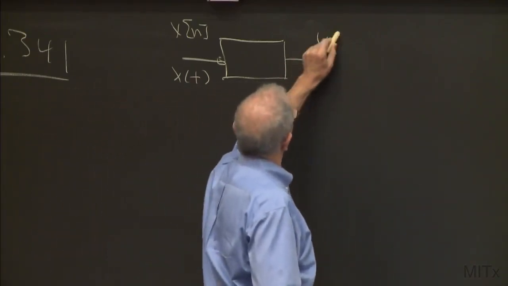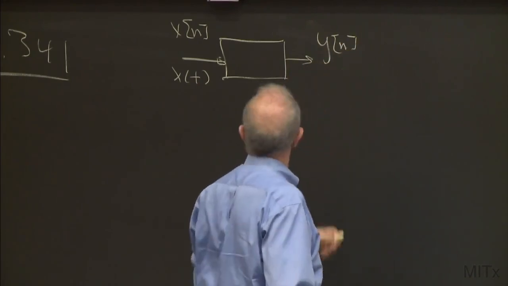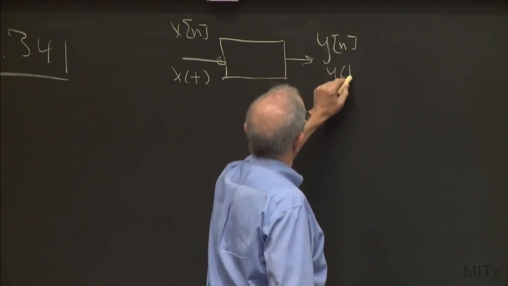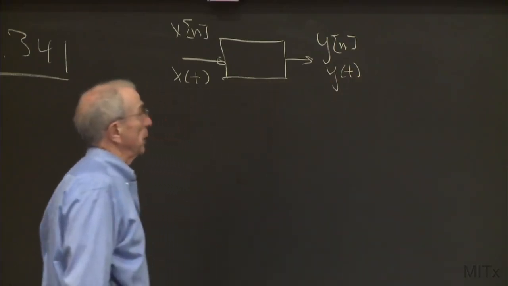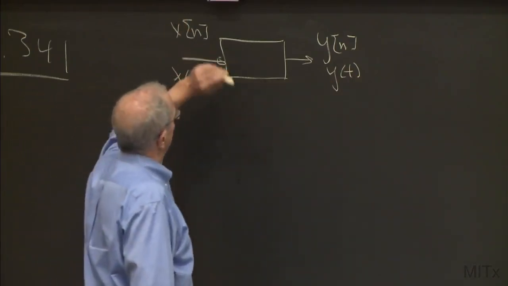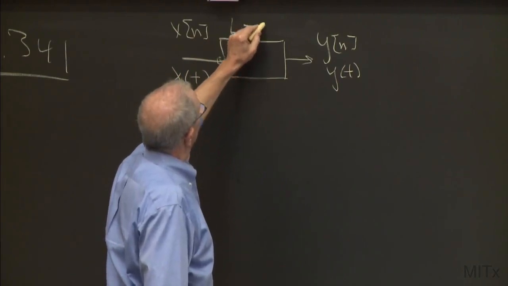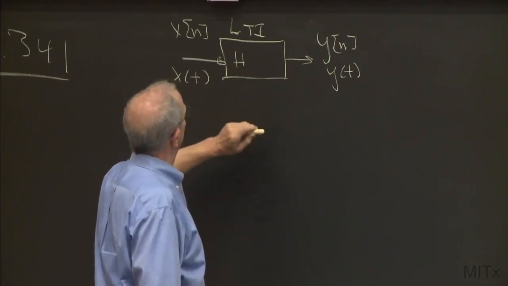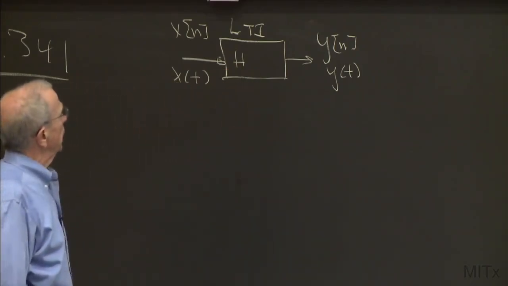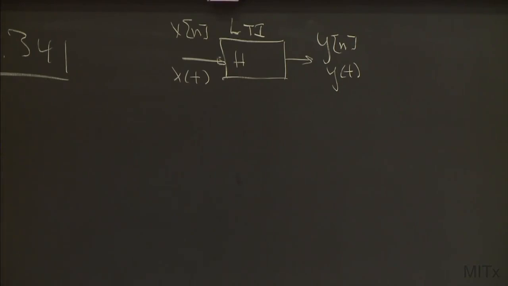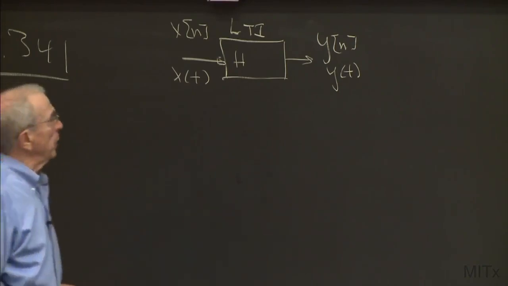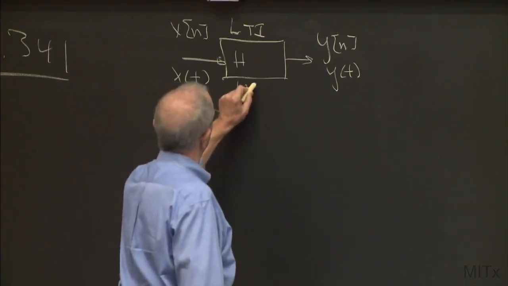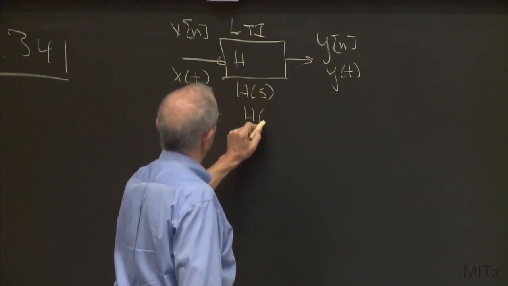The output would be written similarly. And then if it's an LTI system, then there's a system function, and depending on whether we're talking continuous time or discrete time, it may be H of s, it may be H of z.